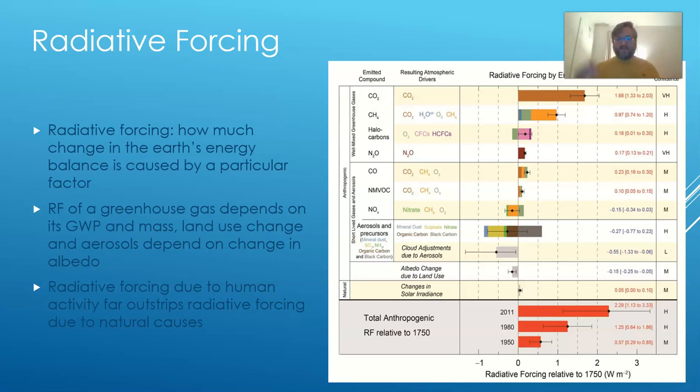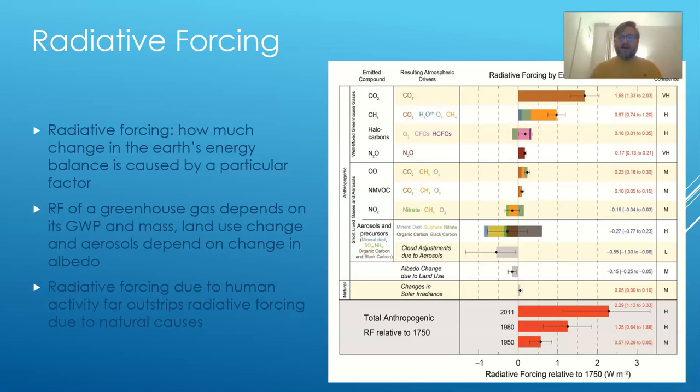So those, you can see some of them listed there, and they have this negative radiative forcing, right? They're cooling the Earth. So things like mineral dust, sulfates, etc., they're cooling off the Earth. And again, there's a wide uncertainty range around it, but our best estimate is that they have a negative radiative forcing. They're cooling the Earth.